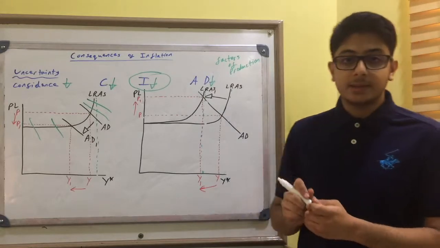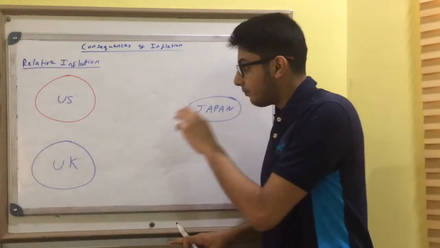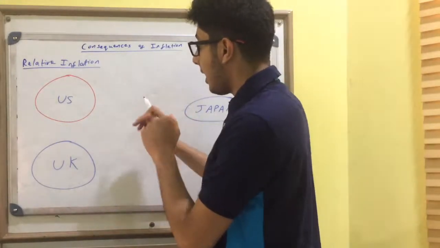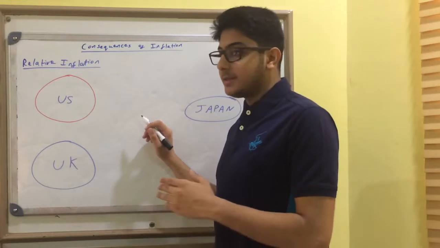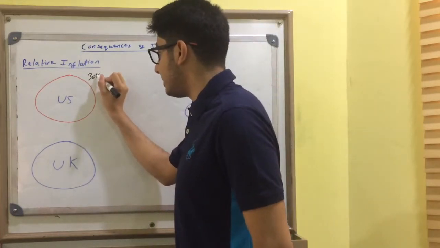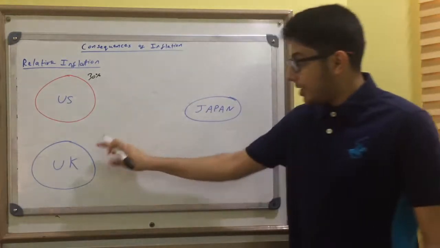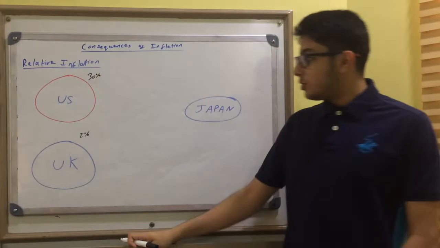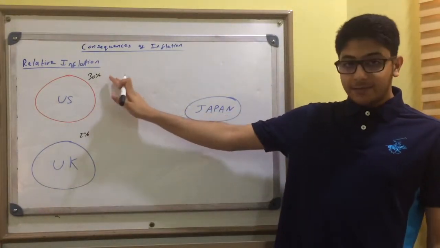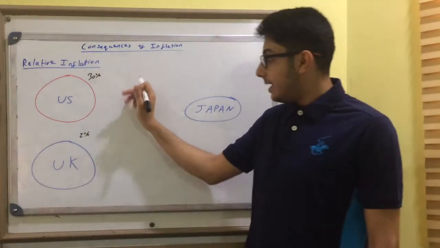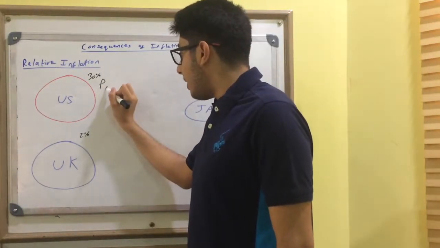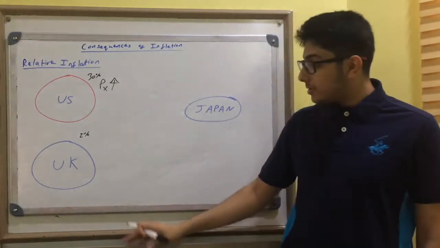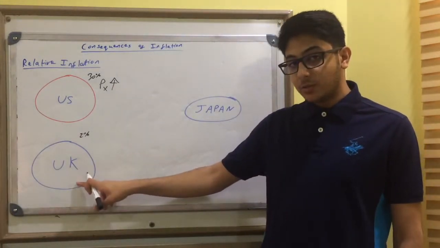Okay? Next. So, relative inflation. So, say we're the US. Our rate of inflation is very high, say 30%. That's ridiculous, but we're going to keep it like that. The UK's rate of inflation, say, is 2%. So, if our general price level is higher, then obviously the price of our exports will be higher compared to the price of the UK's exports.